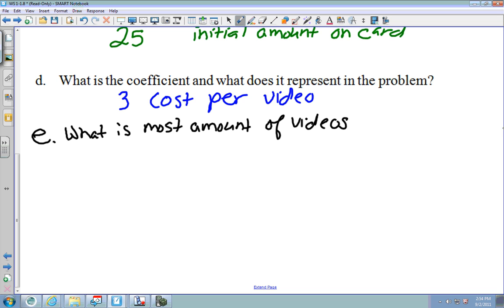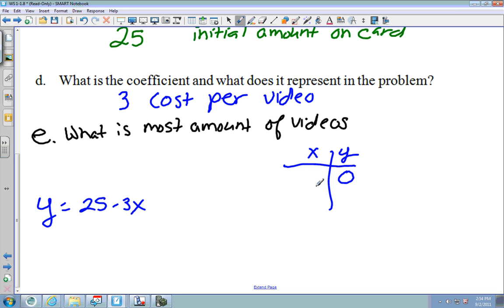Okay, I know I have the equation y equals 25 minus 3x. If we want to know the most amount, we're trying to see where y is 0, where the card runs out. So I'm going to take 25 minus 3x equals 0.